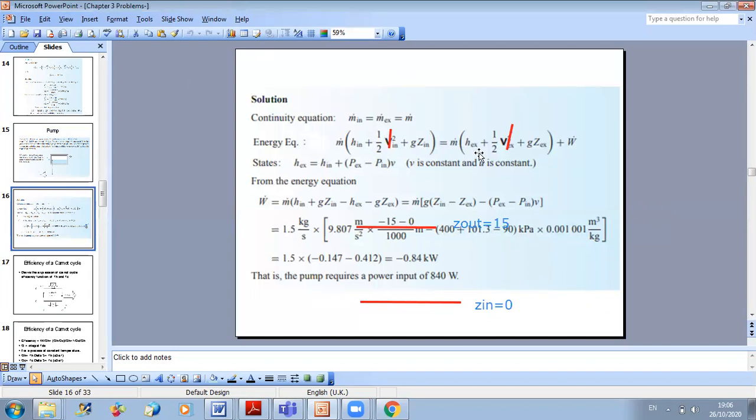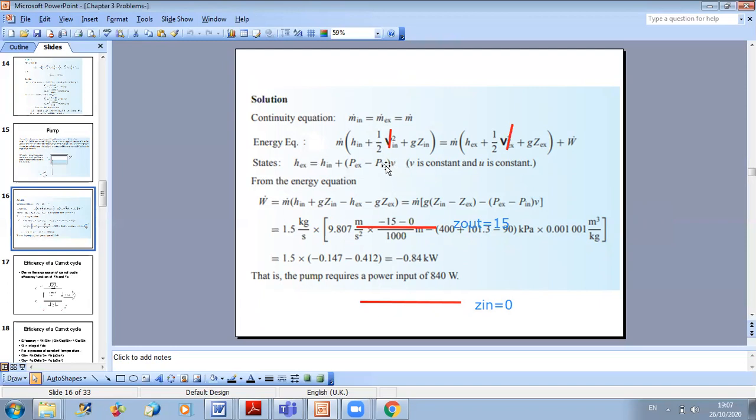Now, going back to my first law, as we said, we still need to find H in and H out. Okay, now what we can do here, because it's a liquid, as I told you before, you can use the following formula for the pump, because for the work of a pump, when you have a liquid, you can find the difference in enthalpy according to this relation, which is H out equal to H in plus delta P times V, where V is the specific volume, okay?